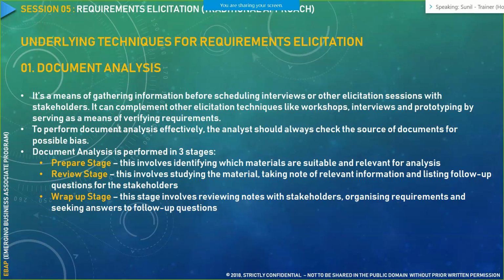You have to certainly prepare yourself, and in order to do that, you have to go through a set of documents. You have to identify which are the right documents that would give you the relevant information so that you can ask suitable questions to the business people. So in the preparation stage, you would identify which are the relevant documents that you would be taking up for your document analysis.